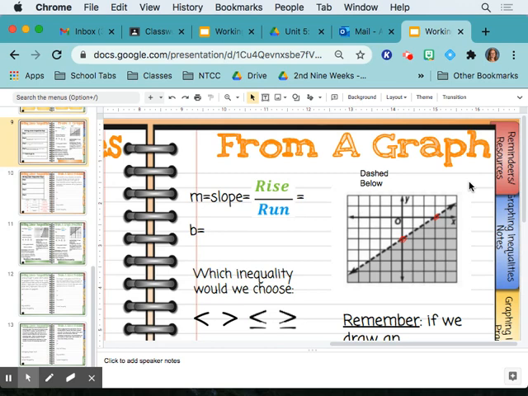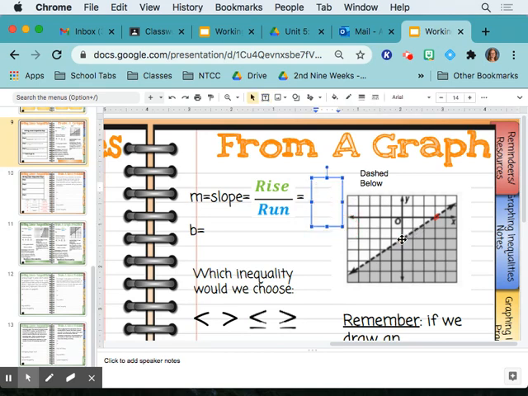Once you have those 2 points, you can find your slope. So this is going from the left point up 2 over 3, and it's a positive slope. So 2 over 3, and if you put a space, it kind of makes it look like a fraction. So I am going to make that bigger.